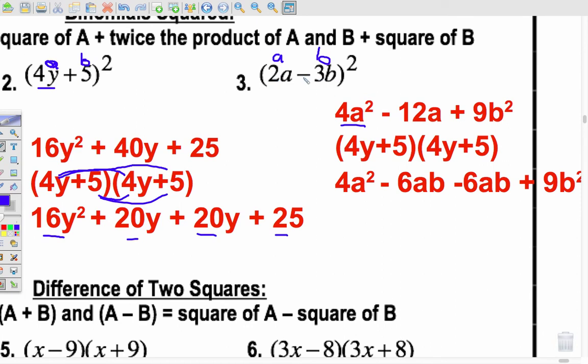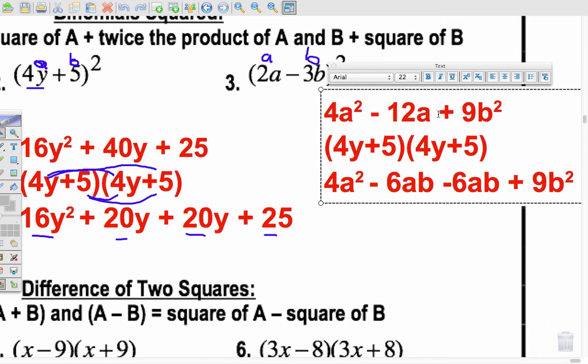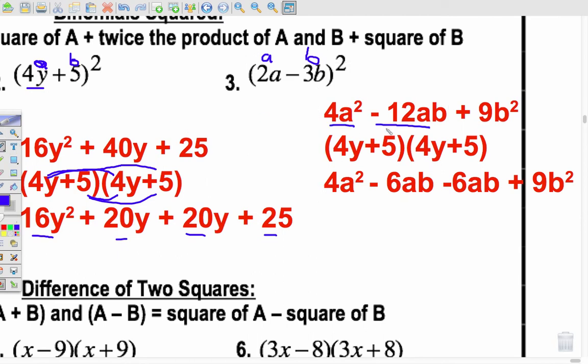And one of them's negative, so that would be negative 12ab. I left the b off right there. And then b squared: negative 3 squared is 9, and b squared is b squared.